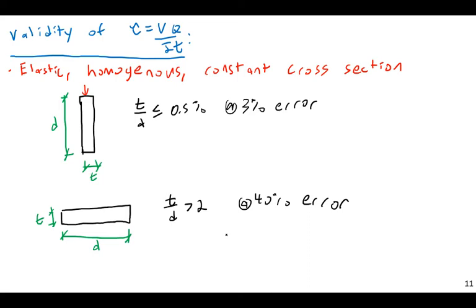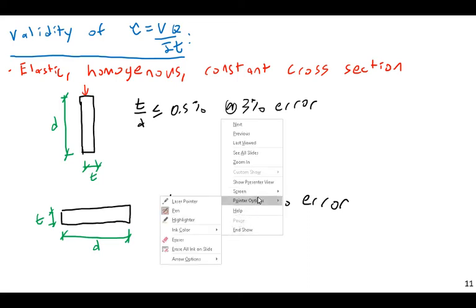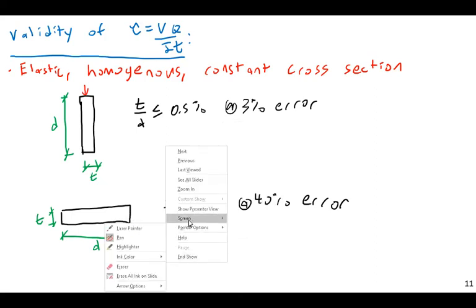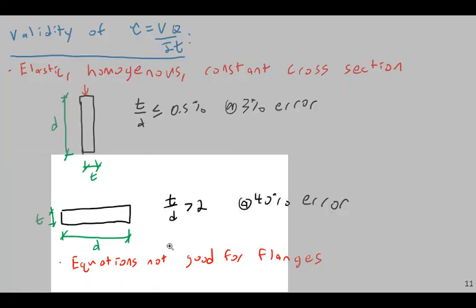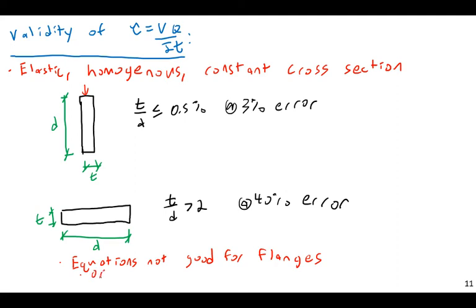Essentially, we can summarize this by saying that the equations are generally not good for flanges, or for the flange-web intersection.